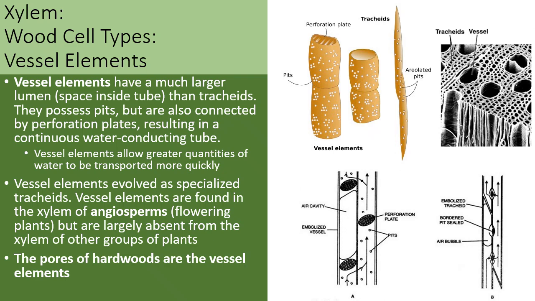So the benefit is for a rapidly growing plant, in this case an angiosperm, because only the angiosperms, or flowering plants, produce vessel elements. They can then supply a lot of water relatively quickly to a very large surface area of leaves, which allows them to do a lot of photosynthesis and grow quite rapidly.